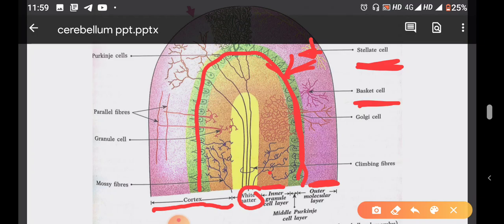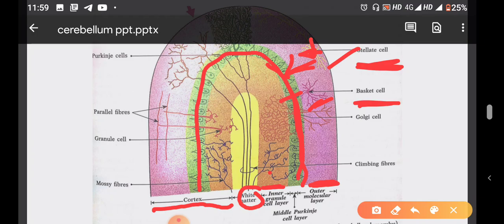Come to the basket cells. They are located deep in the molecular layer. Stellate cells are superficial, basket cells are slightly deeper. They receive input from parallel fibers. Their axons branch and form a basket around the cell bodies of Purkinje cells. So this is the layer of Purkinje cells and these are the basket cells.